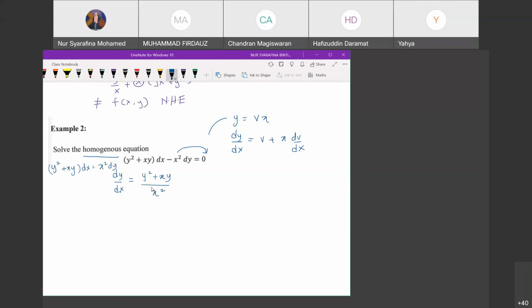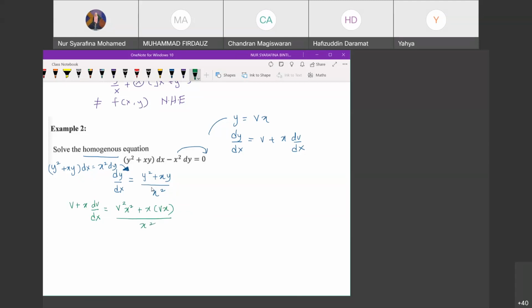Then dy over dx is (y squared plus xy) over x squared. Now you have your dy/dx. Then just substitute dy/dx with v plus x dv/dx, and y is vx, so v squared x squared, and x times vx, over x squared.